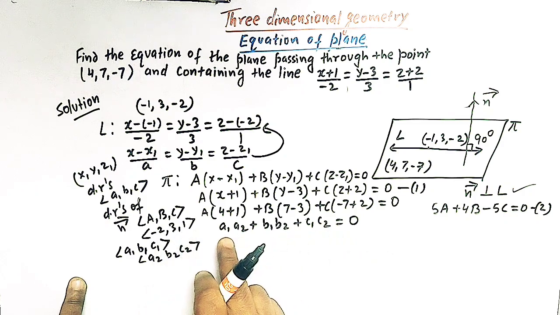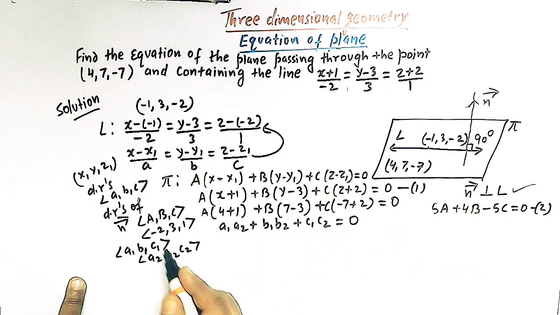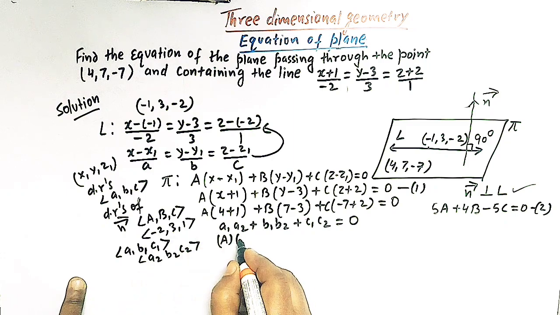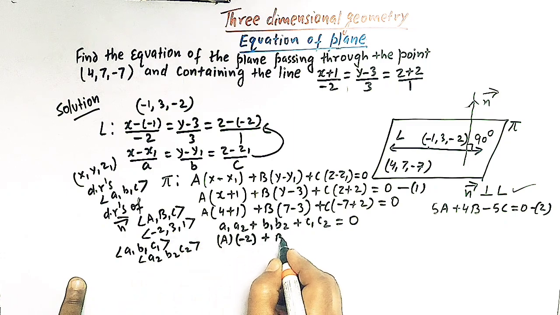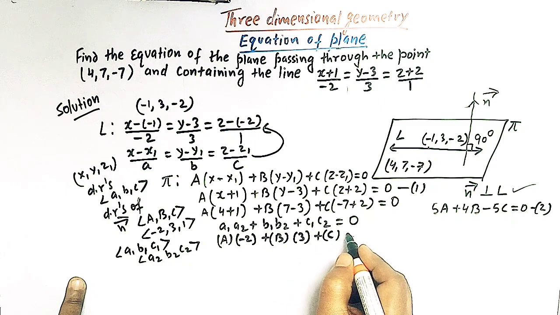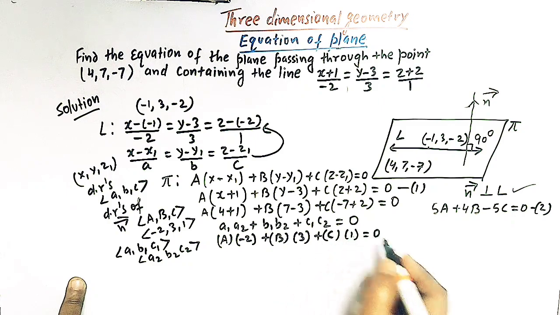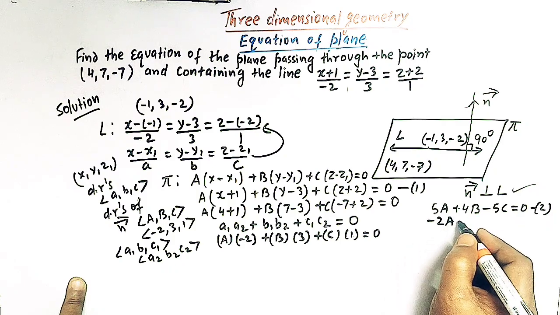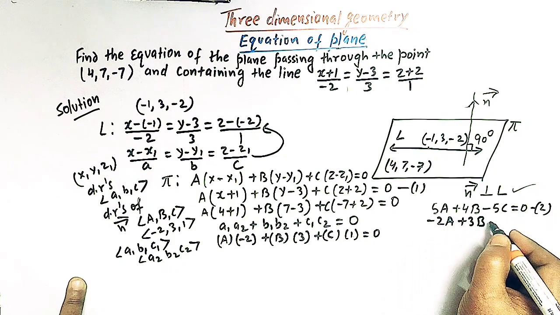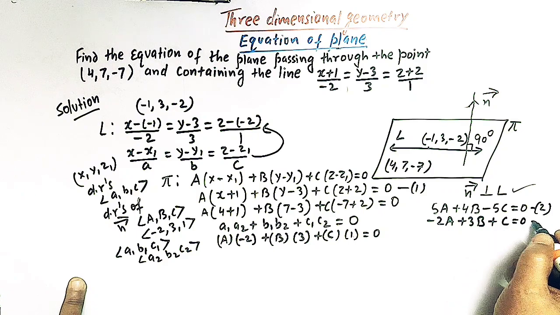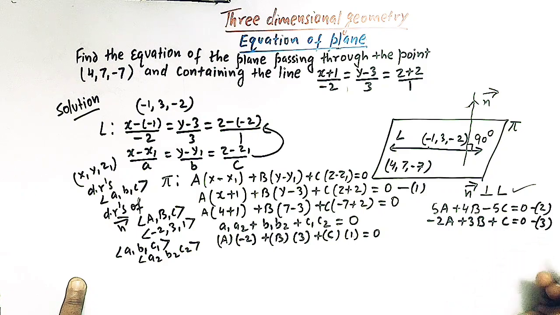So utilizing this condition for perpendicularity of two vectors, we can now write a times minus 2, then we have b times 3, and then we have c times 1 is equal to 0. So now we have here minus 2a, then we have 3b, and here we have c is equal to 0. So this is our equation number 3.